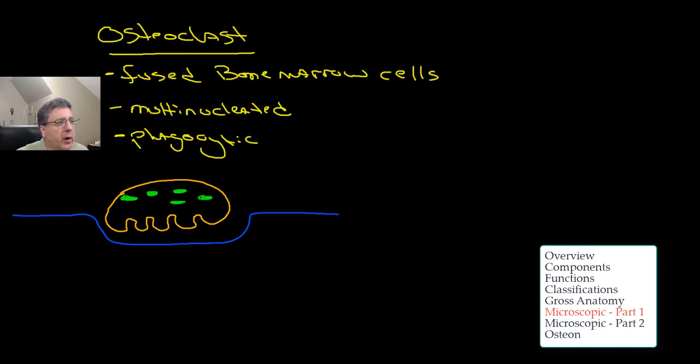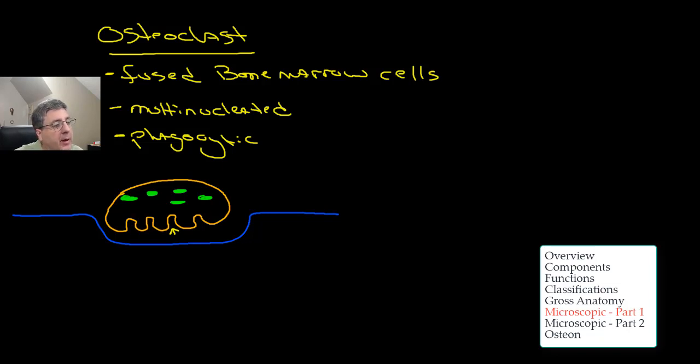Okay, so an osteoclast can be located or resides in a depression or a pit within the surface of the bone. And we have this ruffled end. These are the ruffled ends, and they increase the surface area of the osteoclast.